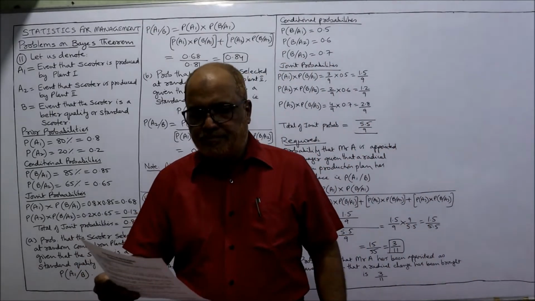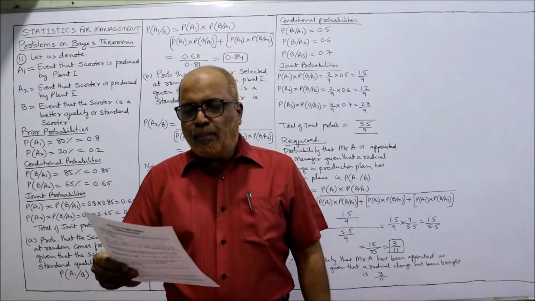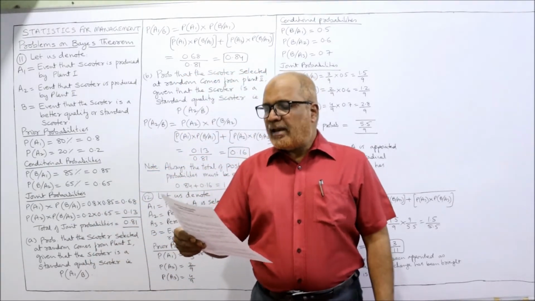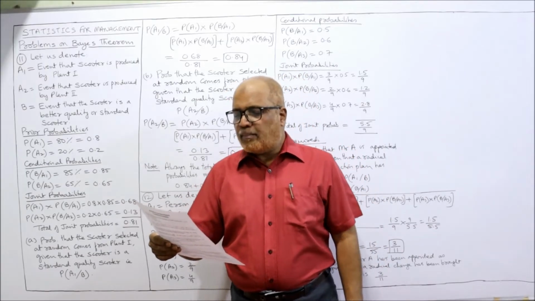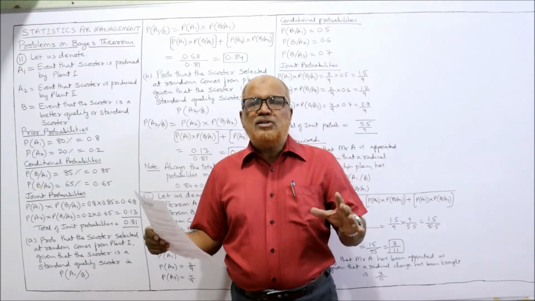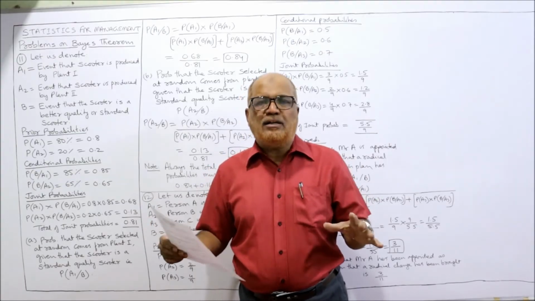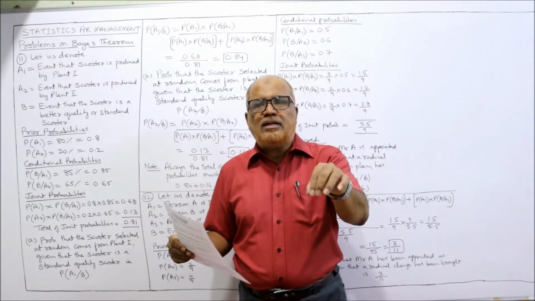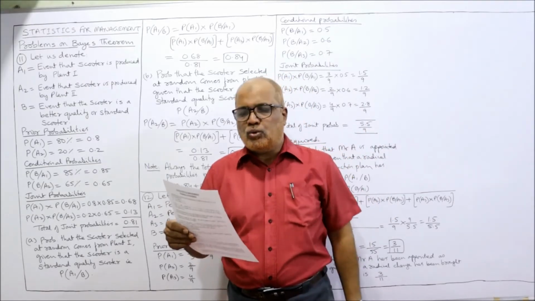Now, see the 11th one. A company has 2 plants to manufacture scooters. Plant 1 manufactures 80% of the scooters and plant 2 manufactures 20%. That means out of 100 scooters manufactured by the company, 80% are coming from plant 1 and 20% are coming from plant 2.